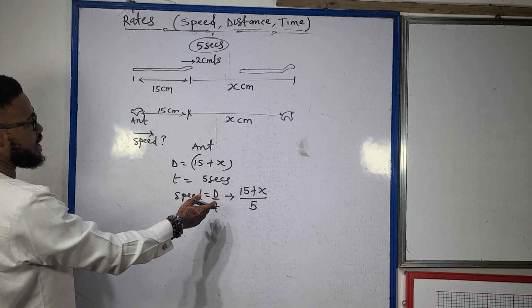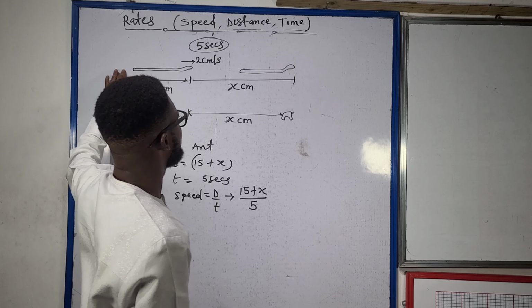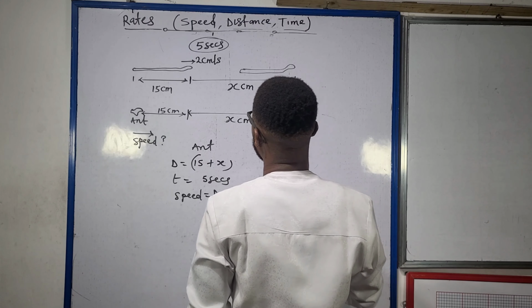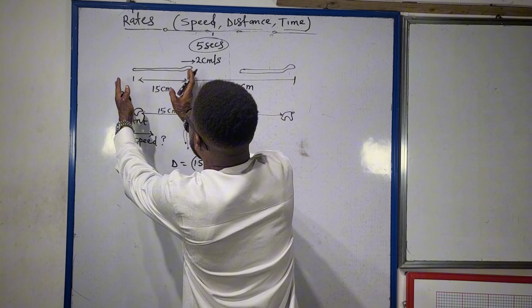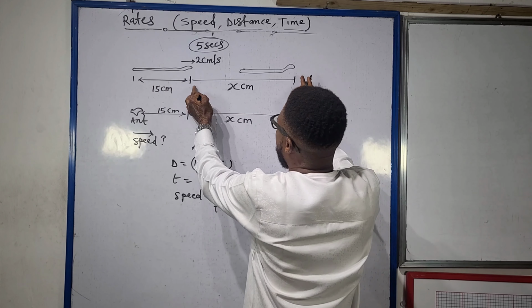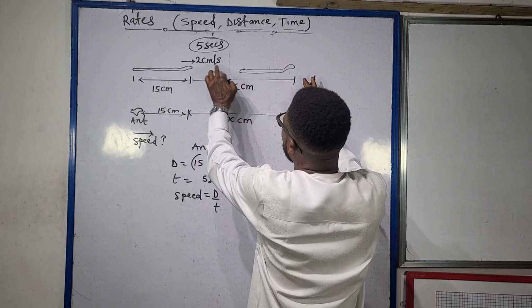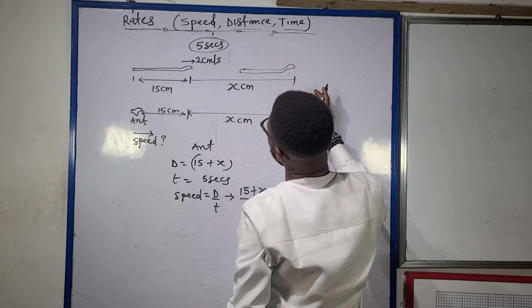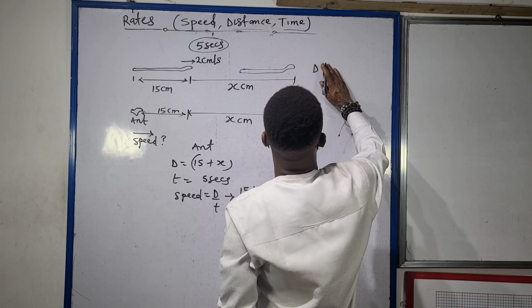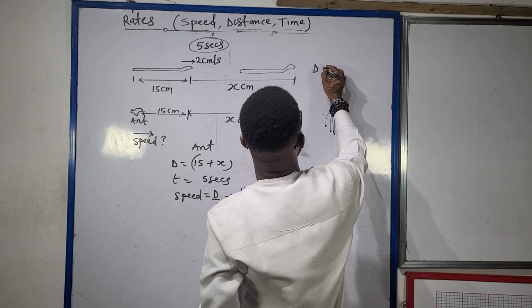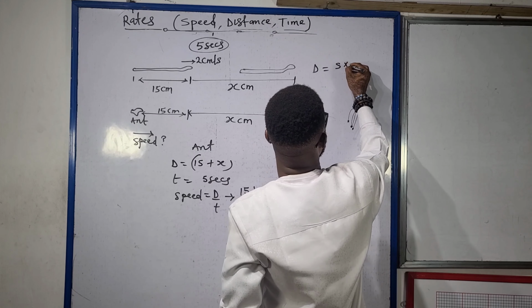But I don't have my x, so I'm going to use the earthworm to calculate my x. So I'm not going to be bothered about the 15 centimeter length of the earthworm here. I'm concerned about the x centimeters moved at a speed of 2 centimeters per second in 5 seconds. So for the earthworm here, distance is speed times time.